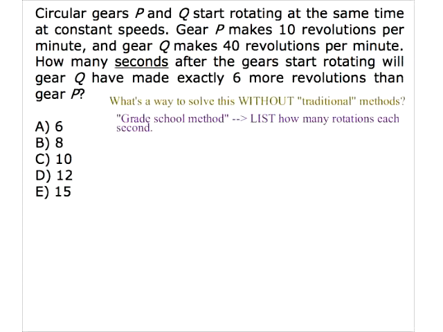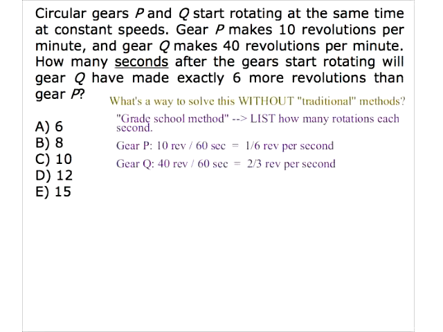So gear P goes 10 revolutions per 60 seconds. So that's 1/6 revolution per second. And then gear Q goes 40 revolutions in 60 seconds. So that's 4/6, which is 2/3 of a revolution every second.